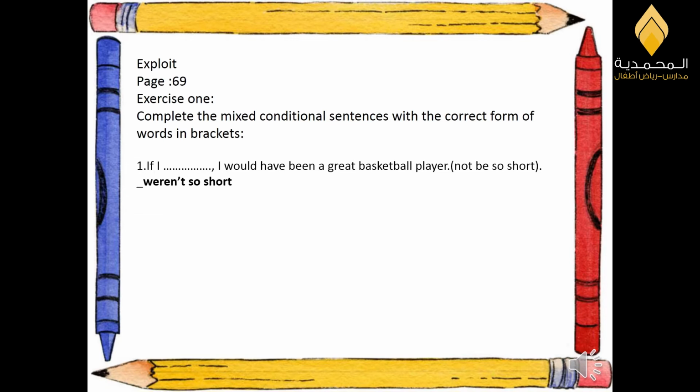Now let's look at the second sentence, please. I would not play for the school team if the coach not give me a trial. Here I have a result, and this result is a present conditional, because I'm using would not plus the base form verb play.